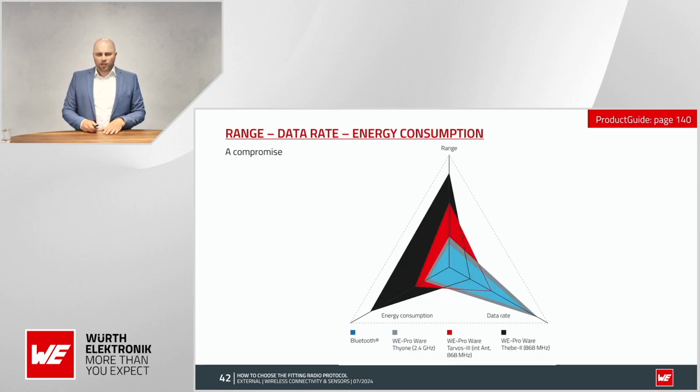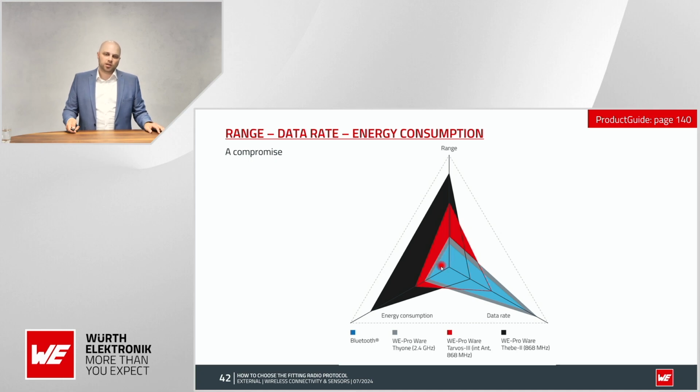Another thing to keep in mind is that radio communication is always a compromise between data rate, range, and energy consumption. In this example, we have a triangle between these three factors. For example, the blue triangle is Bluetooth, with a kind of high data rate and a kind of low energy consumption, but not so high range.